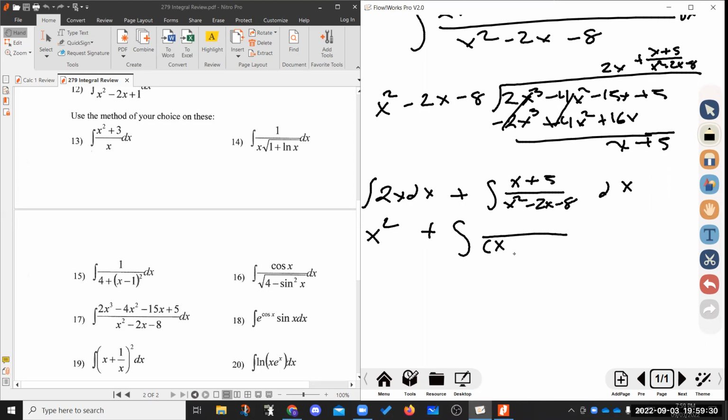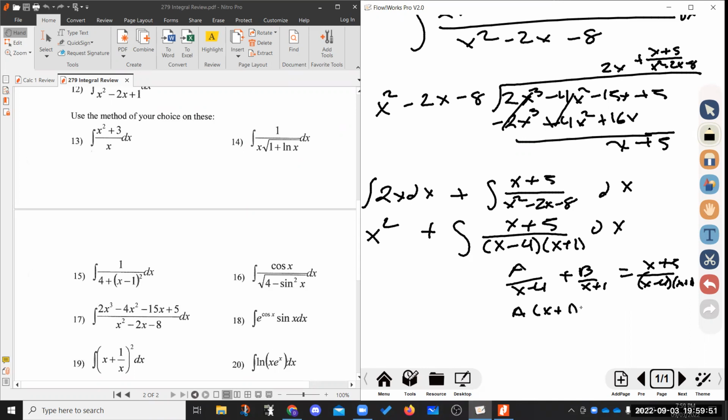It's going to be x minus 4, x plus 1, is x plus 5. So we're going to have to split this into a over x minus 4, b over x plus 1 is x plus 5 over x minus 4 times x plus 1. This is a times x plus 1 plus b times x minus 4 is equal to x plus 5.